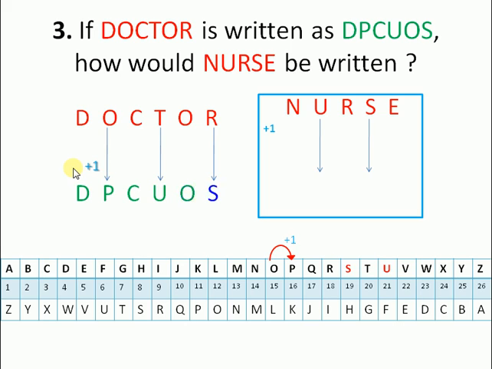R changes to S. So when we apply the same technique to NURSE, N stays as N itself, U is turned to V, R is the same, S becomes T, E the same. So you will get the answer NVRTE.